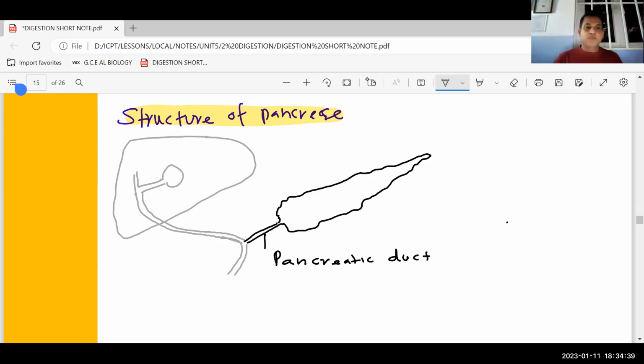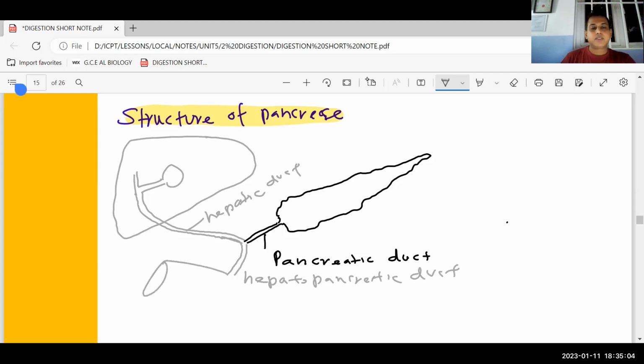So bile is coming from the liver, and then it is joined with the hepatic duct. Hepatic is liver, to make this hepatopancreatic duct, and then it ends up in the duodenum. So this ends up in the duodenum.